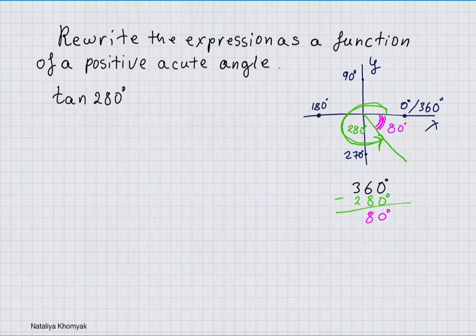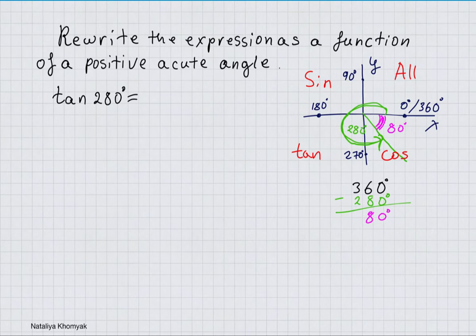So let's begin rewriting this expression. Before I use the reference angle, I need to know the sign of the function. All trig functions are positive in quadrant 1. Sine and its reciprocal cosecant are positive in quadrant 2. Tangent and its reciprocal cotangent are positive in quadrant 3. And cosine with its reciprocal secant is positive in quadrant 4.